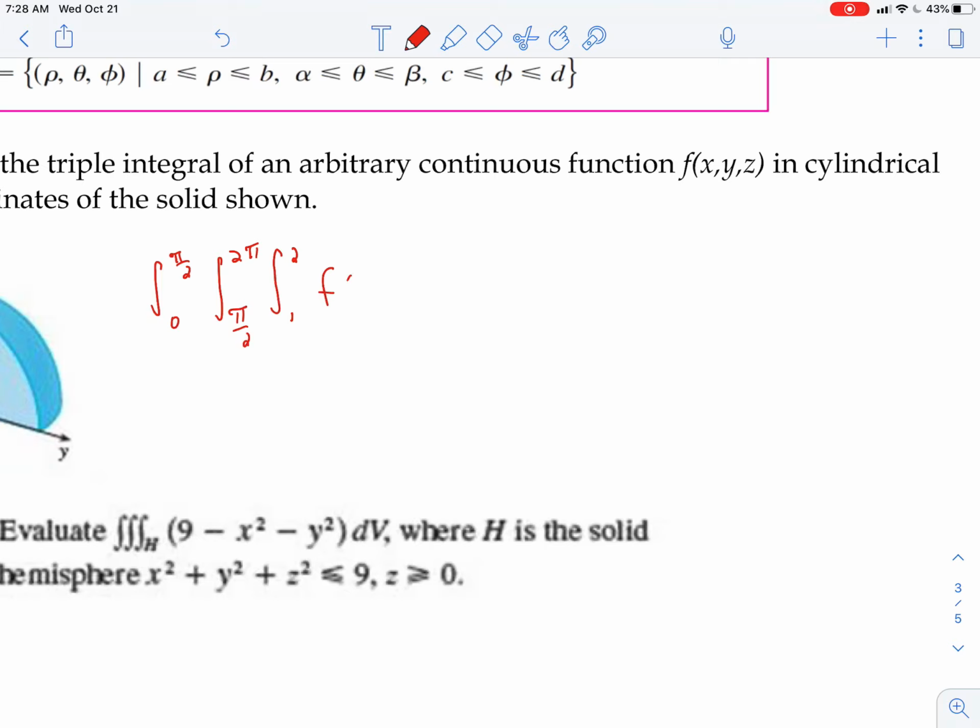All right, our function is f of x, y, z. Well, now we're changing everything to spherical, so it's going to be f of x, rho sine phi cosine theta, y, rho sine phi sine theta, and then z, which is going to be rho cosine phi.